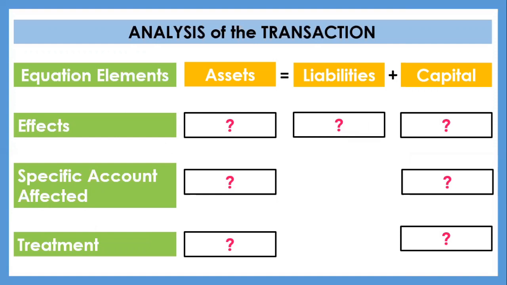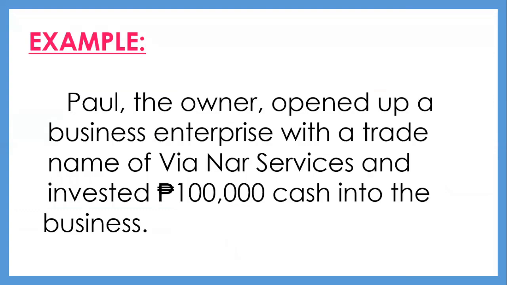And finally, we need to evaluate if we debit or credit the said accounts involved. Now, going back to our problem, Paul, the owner, opened up a business enterprise with a trade name of VNR Services and invested 100,000 pesos in cash into the business.